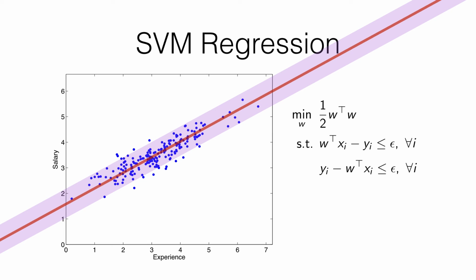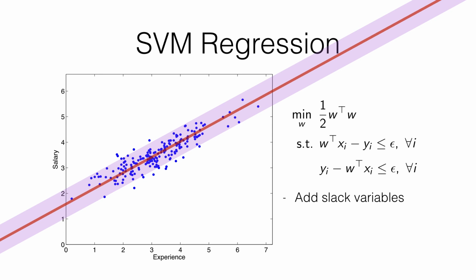It's very similar, but the constraints play an opposite role than they did in classification. Despite that, the mathematical form of these constraints is very similar, and that means you can do almost everything you can do with the primal classification SVM with this regression objective function.